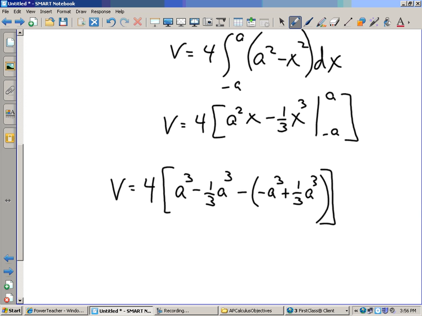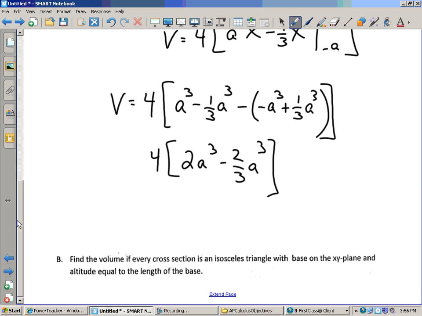So next, we end up with 4 times 2 a cubed minus 2/3 a cubed. Common denominator is going to give us 6 minus 2, 4. So we end up with 8/3 a cubed for our volume.